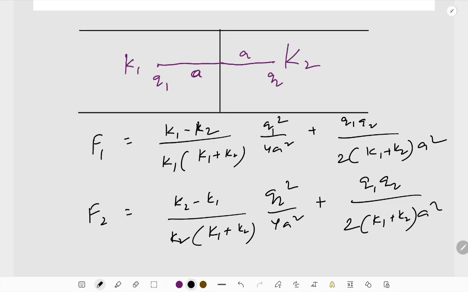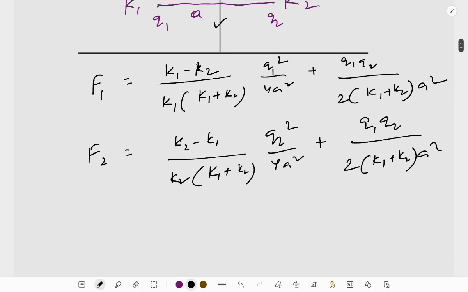And this expression for the forces may be obtained in various ways. First, the first method, where you consider the interaction between two point charges simply. And the second method of calculation of this force is that you need to take into consideration the bound charges on the separation boundary as well.